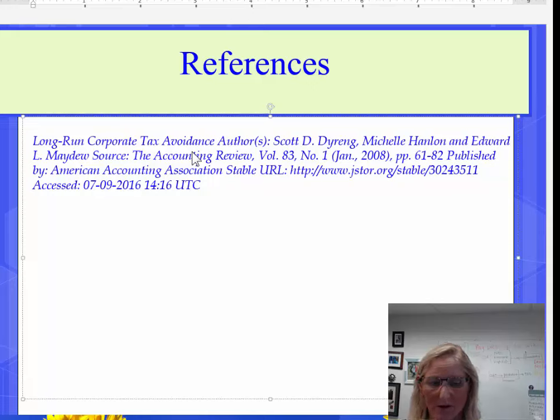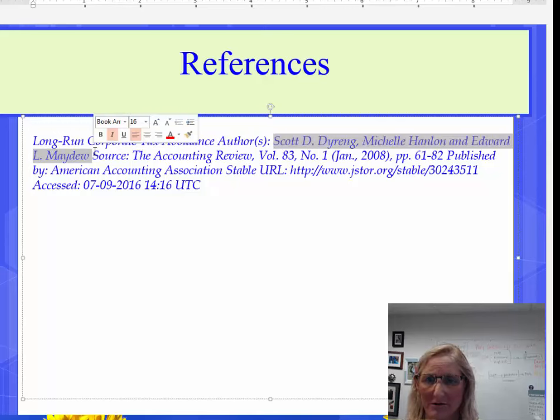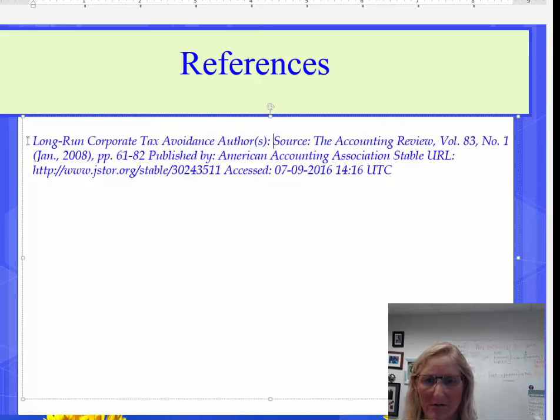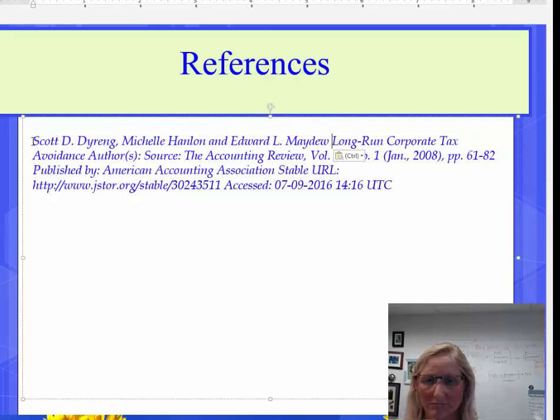Now, by copying this, I get basically what I want, but it's a little bit out of order and it has a little more information than I actually need. So I want the title to be in there, but I need to start with the authors because I'm putting this into APA format. So I'm going to grab the authors here and I'm going to cut them out and put them here.